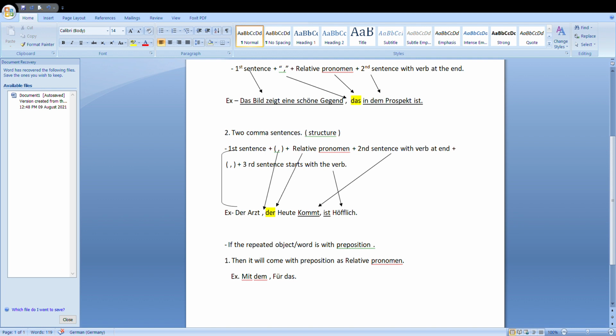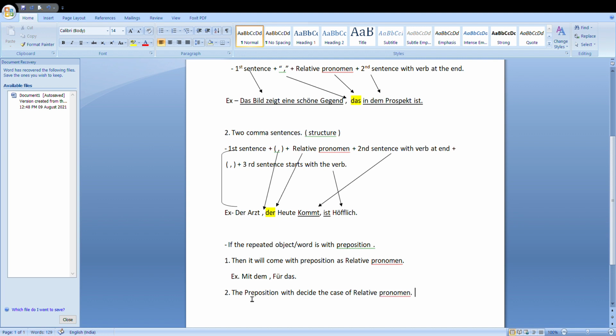Another thing you should remember is the preposition. When the preposition comes in front of the relative pronoun, the preposition will decide the case of the relative pronomen.